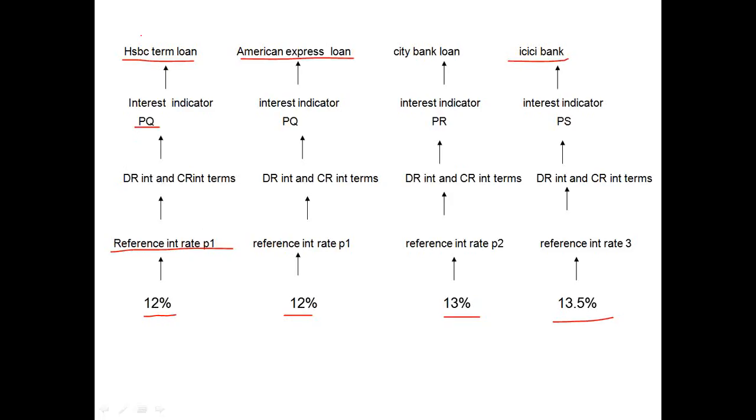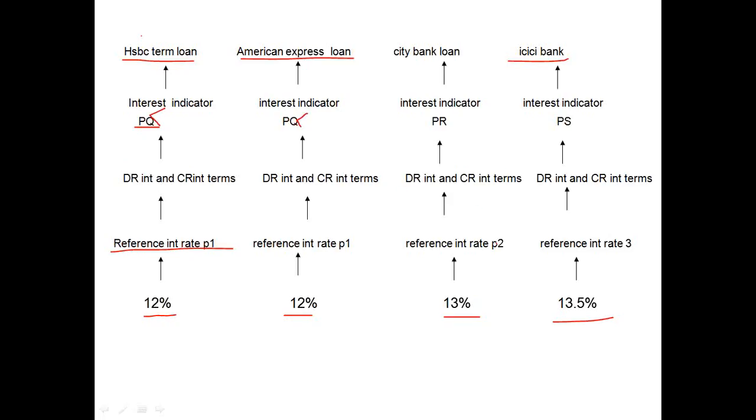Since HSBC Bank and American Express Bank both charge the same rate of interest, we can assign the same interest indicator PQ in the American Express Bank loan account also.